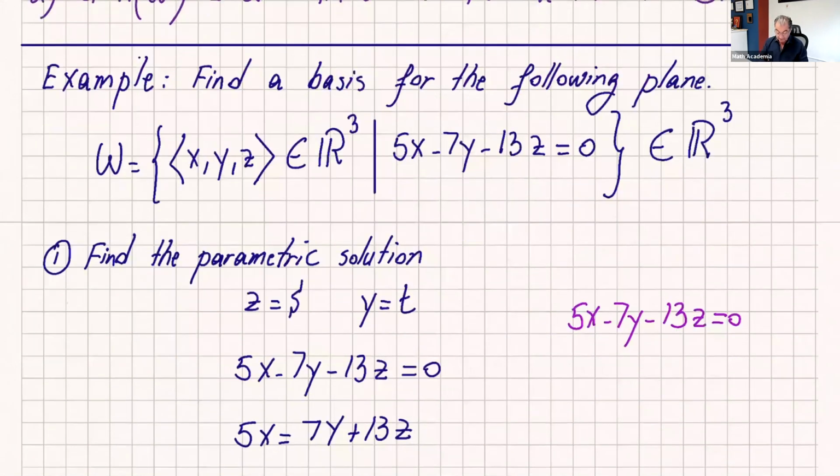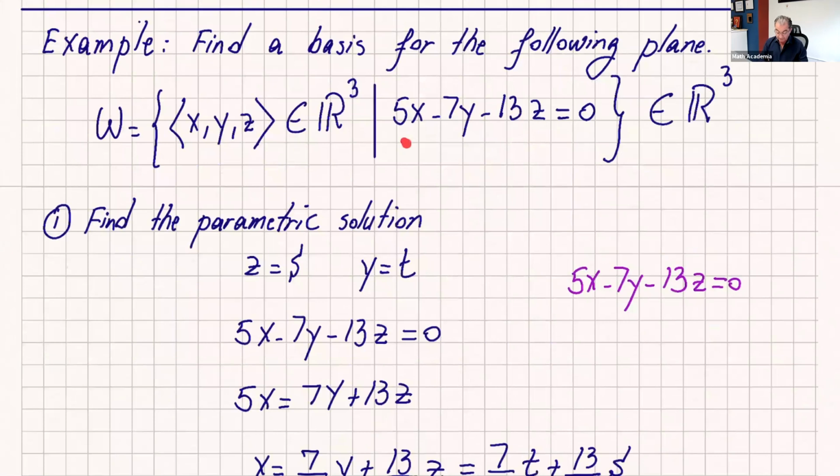Another example, here you're given the equation. Again, we are in R3, 5x minus 7y minus 13z is 0. We all know this is the equation of a plane passing through the origin. If you want to find the basis for that equation, and we can find the dimension also, try to find the parametric equations of that.